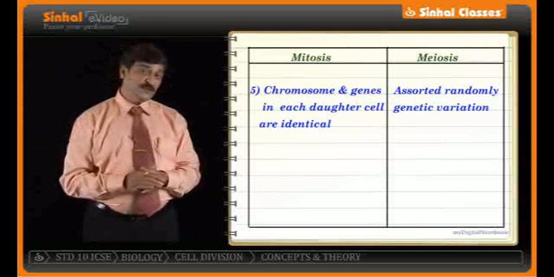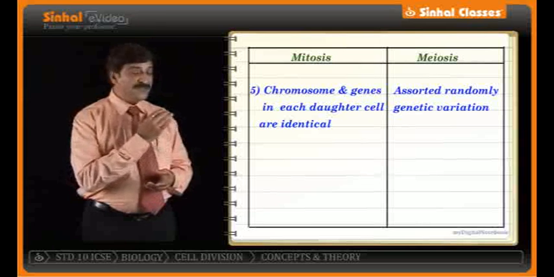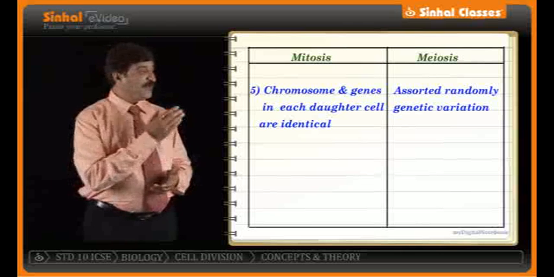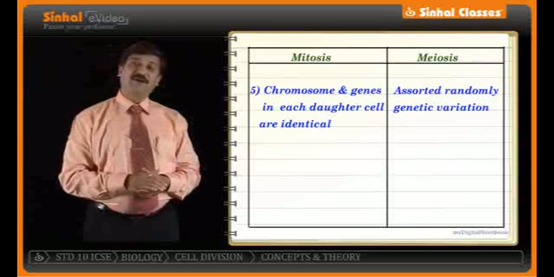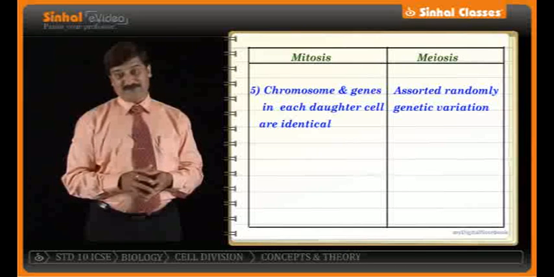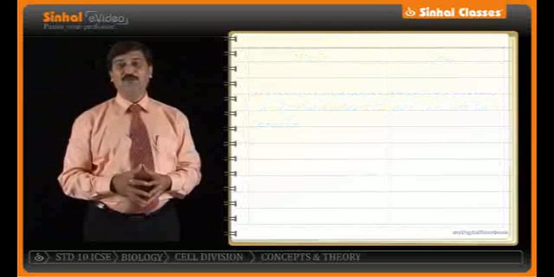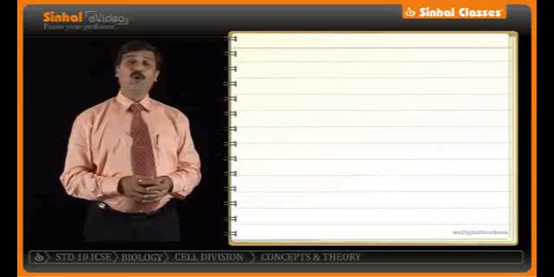Please include these words: assorted, random, and genetic variations. So here are the points, as you can see on the monitor, for the differences between mitosis and meiosis. We complete our very first segment of this entire chapter, which is cell division. We'll be moving on to the second part, where we study details of chromosomes.